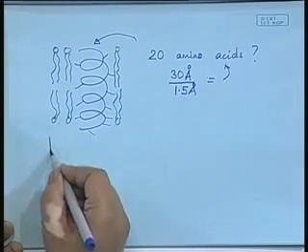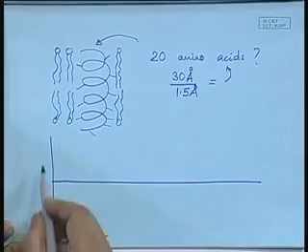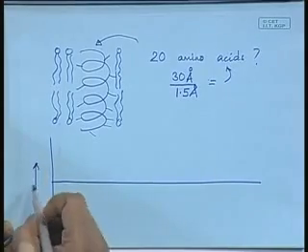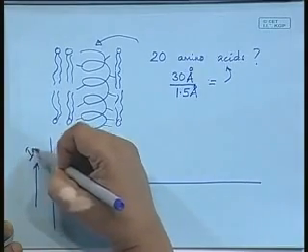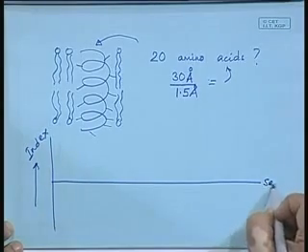Now, for the hydropathy plot, on the y axis we are going to have an index, and on the x axis is going to be the sequence of the protein.